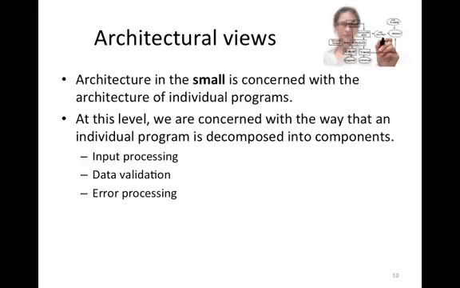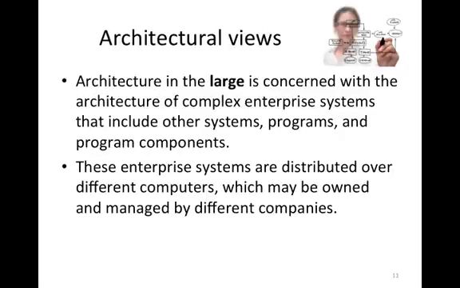An architecture can think about things in the small, that is, at a low level. We can architect individual programs, how a specific program is going to deal with data, how it's going to deal with the input, how it's going to process.